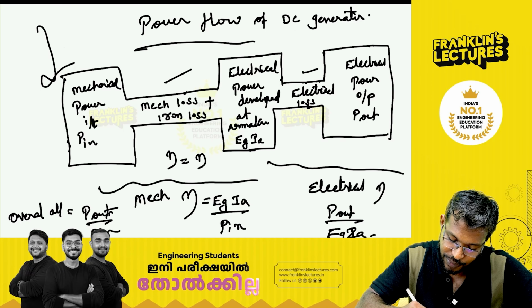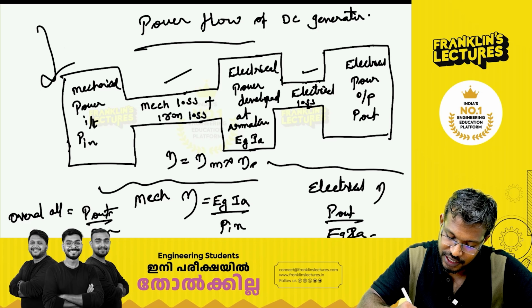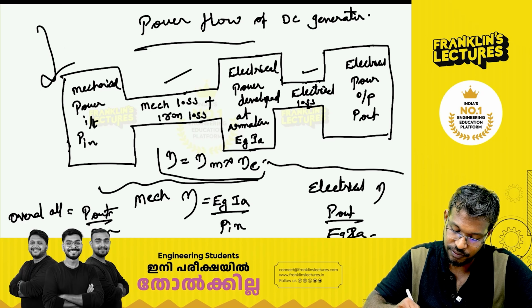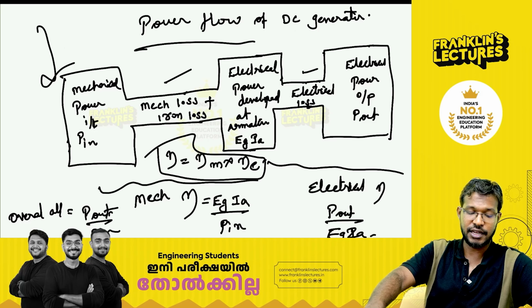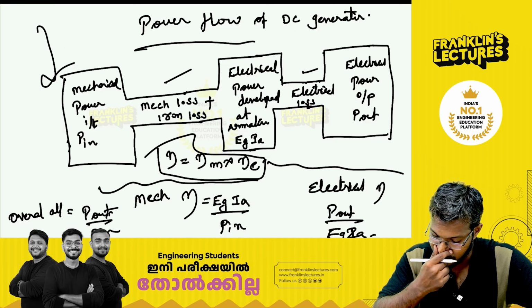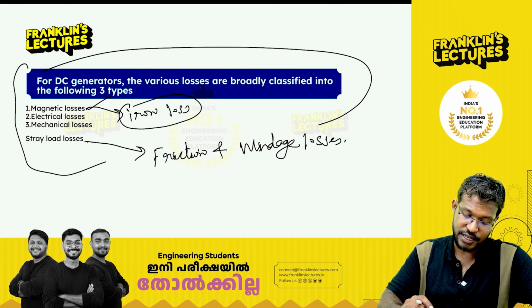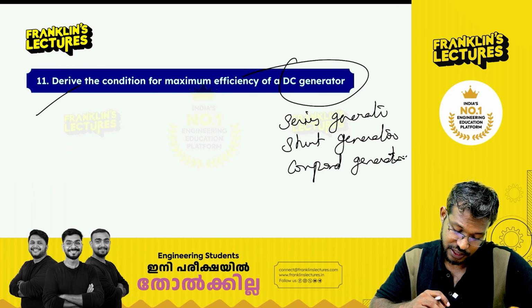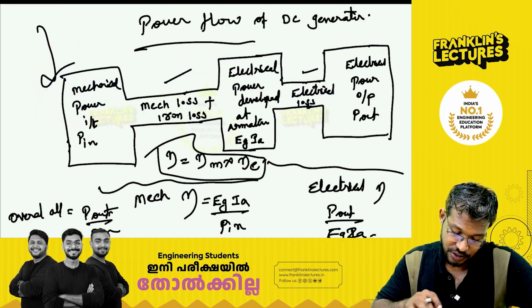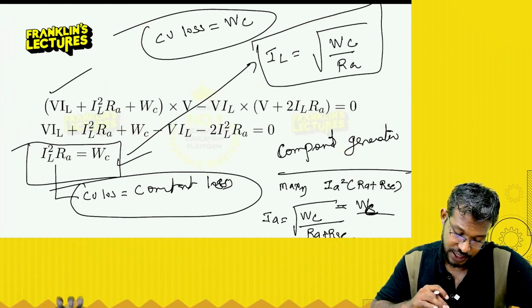Overall efficiency is equal to mechanical efficiency into electrical efficiency. Multiplying mechanical efficiency and electrical efficiency gives the overall efficiency of the machine. Okay, this is in the case of a DC generator, the various losses and the condition for maximum efficiency.